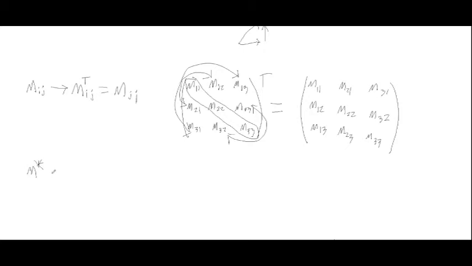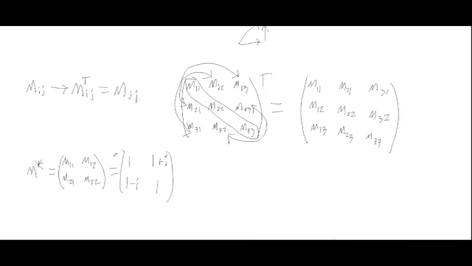So if we have our M11, M12, M21, M22, and we say that these are complex numbers, so maybe this is 1, then 1 plus i, 1 minus i, and 1.